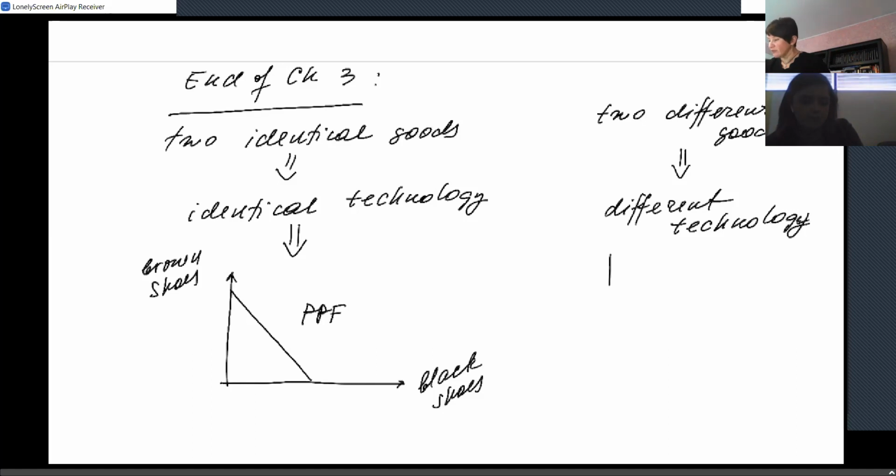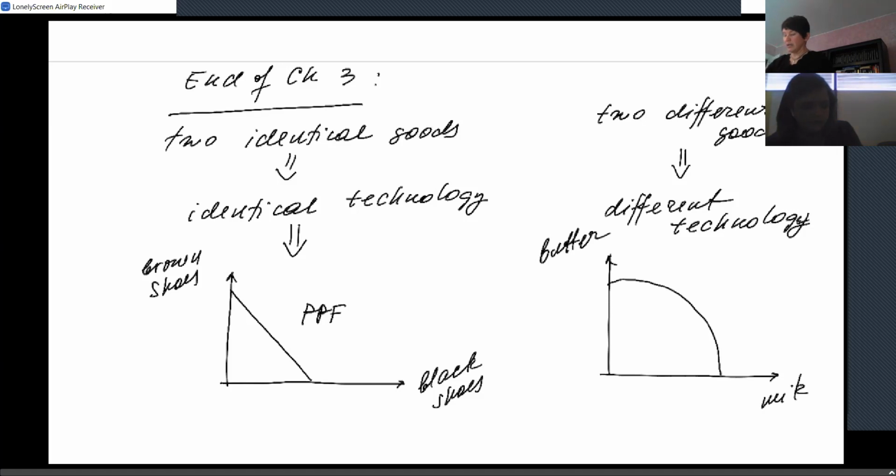Therefore, the PPF that we had for butter and milk, remember? It was not a straight line. It was a curved, bowed out line, okay? And we also learned that the opportunity cost, what we've been losing, is not one-to-one as in the shoes example.